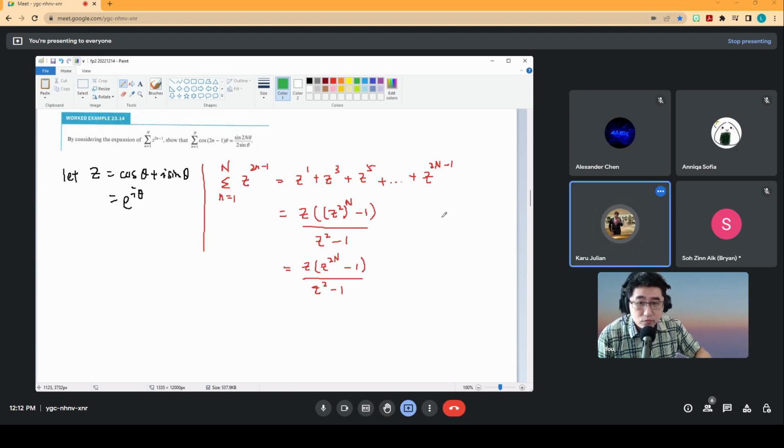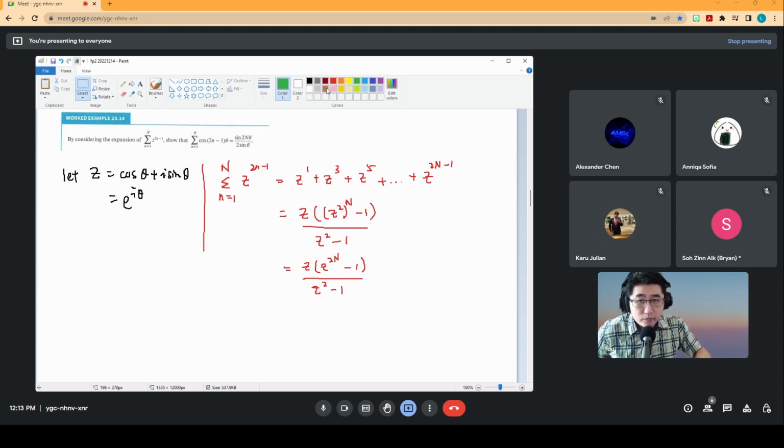So isn't the denominator 1 minus r? They are the same thing, Karu. But here our r is z squared, right? Yes. Do you remember your GP? a(1 minus r^n) over 1 minus r, or a(r^n minus 1) over r minus 1. They are the same thing, okay, right? Yeah.